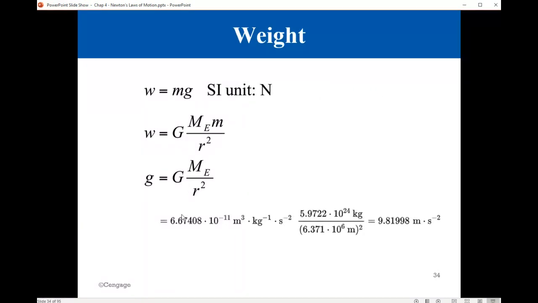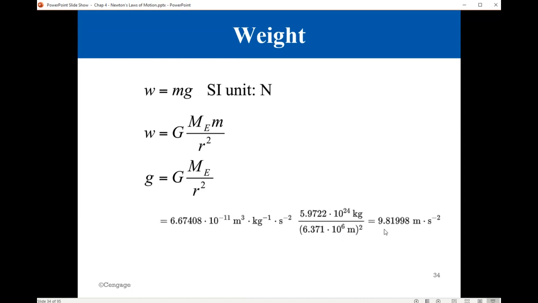If we substitute for G, 6.67 by 10 to the minus 11, and for the mass of Earth, 5.97 by 10 to the 24 kilogram, and the radius of Earth, 6.37 by 10 to the power 6 meter, squared.